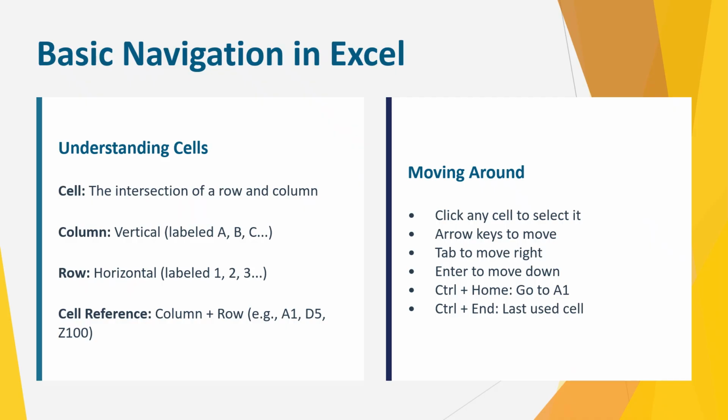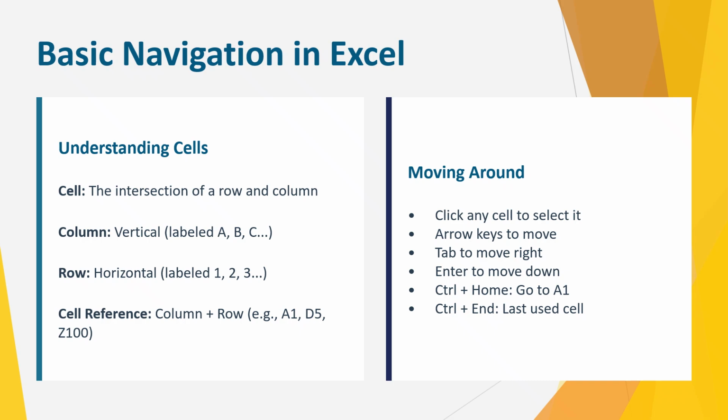Now, what are the basic navigation in Excel? I've told us about rows and columns. Our columns are labeled A, B, C, while the rows are labeled 1, 2, 3. So cell reference is column plus row, as I've explained the other time.